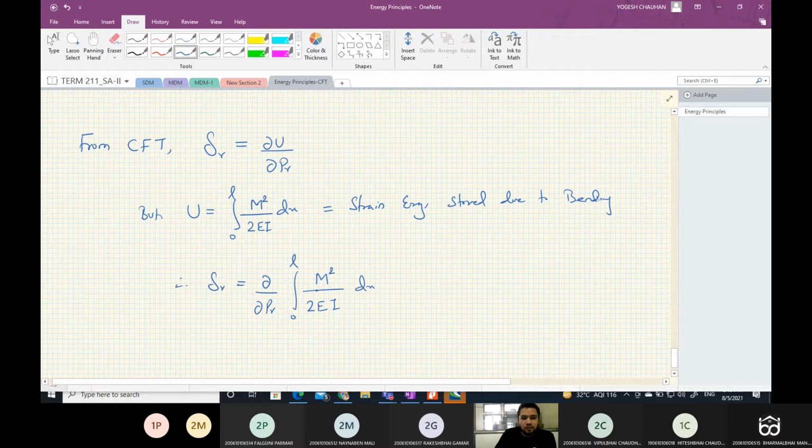And here let us assume that the flexural rigidity of the member is constant, so you can take EI as common.